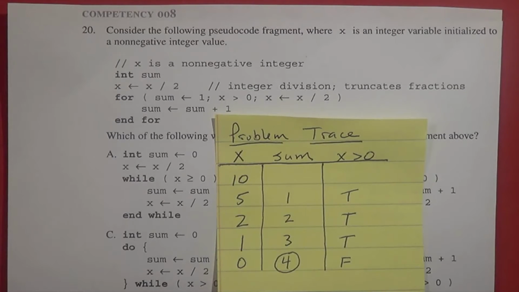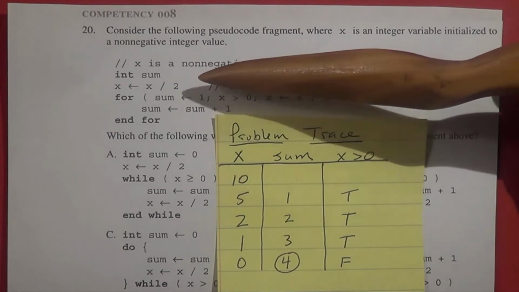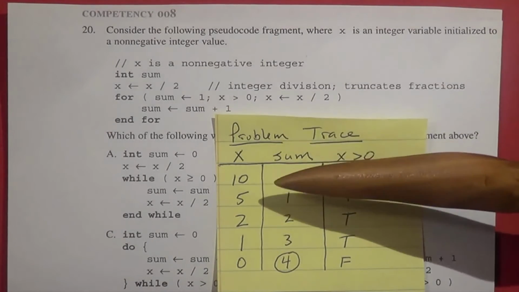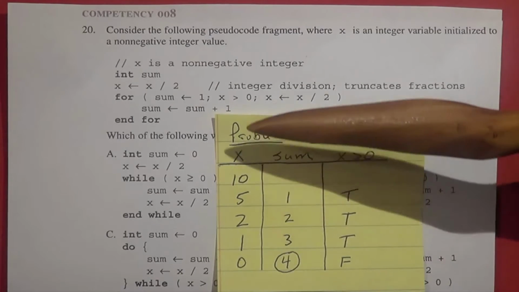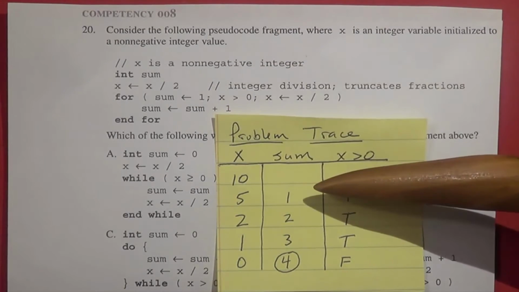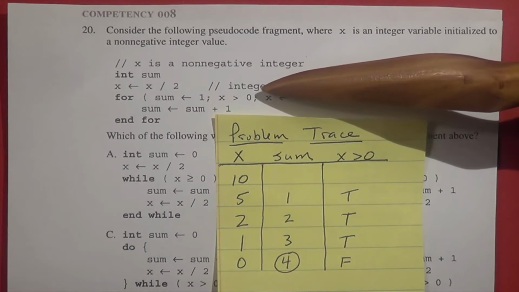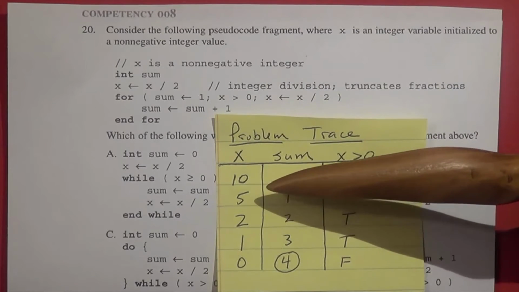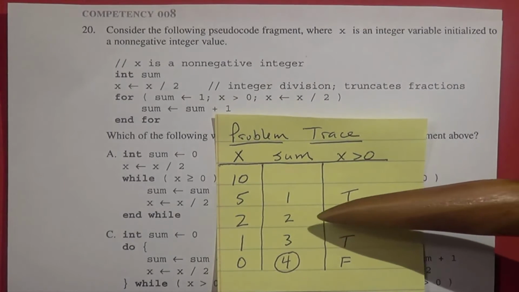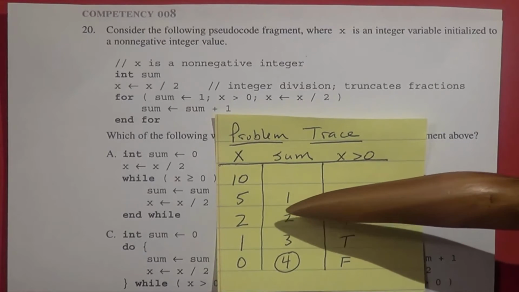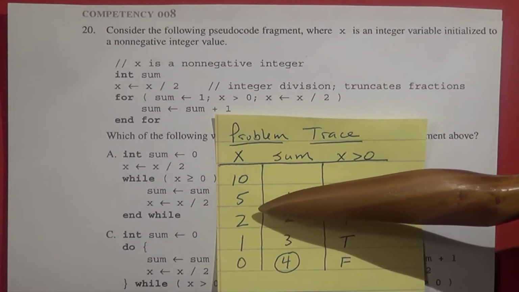This chart shows you what happens when x starts out as 10. First, 10 is divided by 2, which makes it 5. Sum starts at 1. Immediately x is checked to see if it's greater than 0, which it is, so that's true. Sum increases by 1. 5 divides by 2 to make 2.